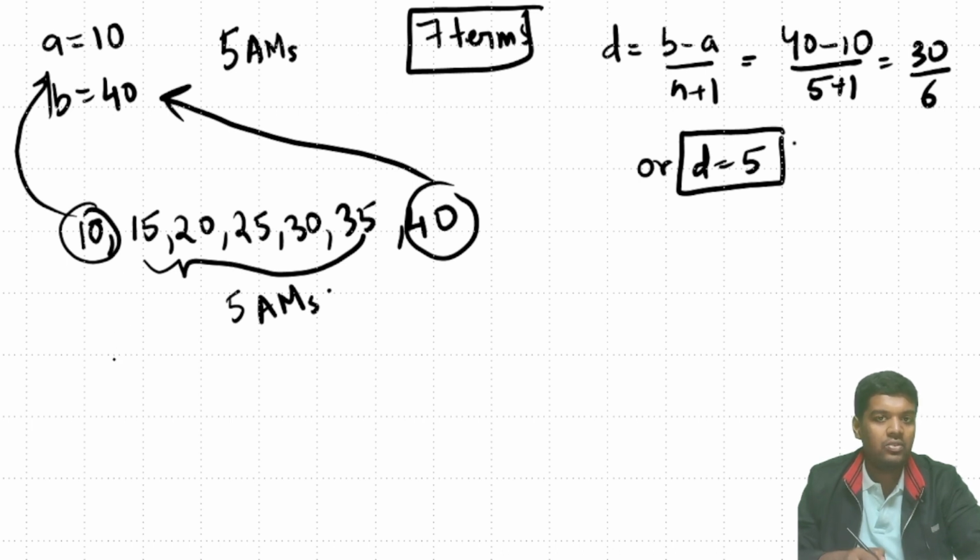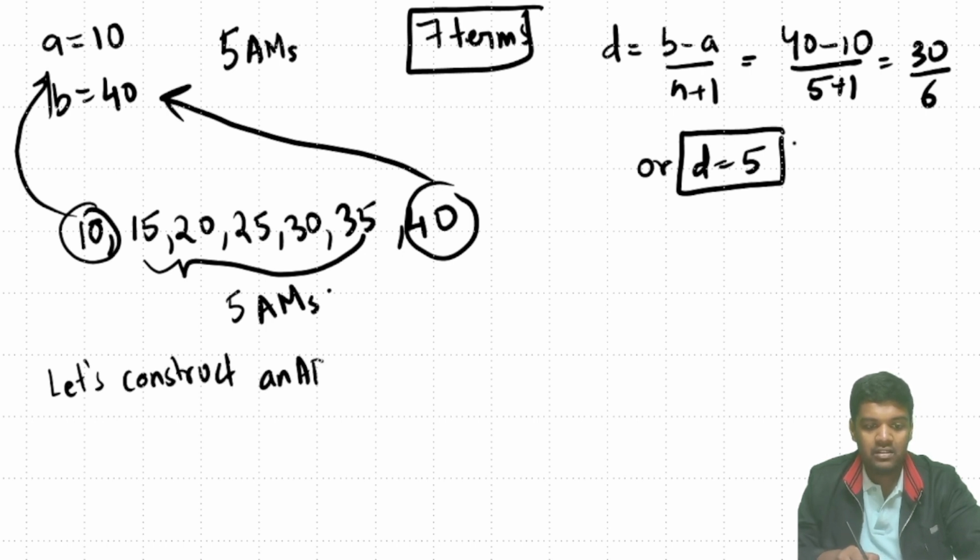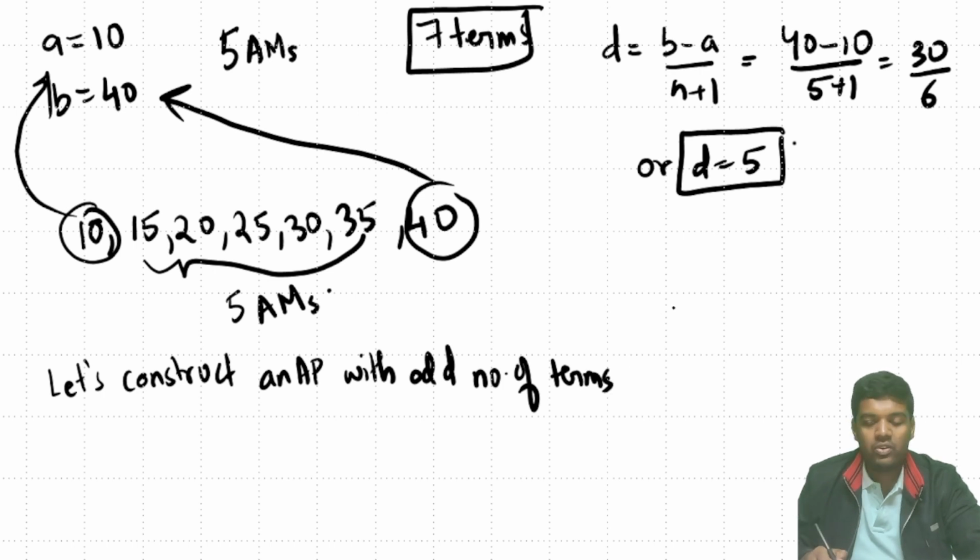Let's say we are to construct an AP consisting of an odd number of terms. Say I want to construct an AP of 5 terms. Example, right?